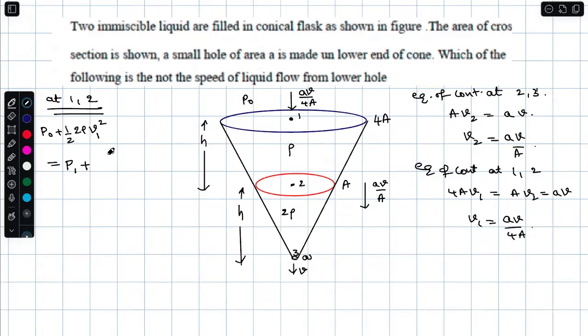P naught plus half 2 rho V square is P1 plus, you are applying across 1 and 2 here. Half rho V square. One more important point is missing.